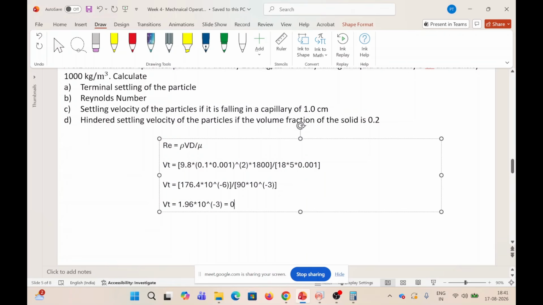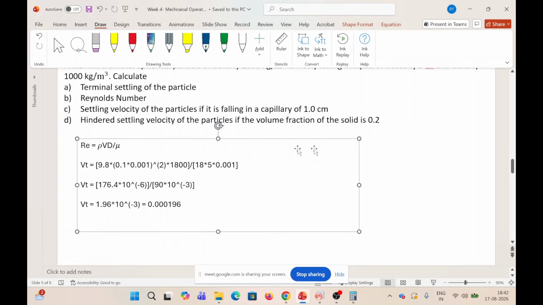So that's going to be 0.0001996. Sorry, this is the terminal velocity. Now, keeping this value, we need to calculate the Reynolds number and check whether the Reynolds number value is going to be less than 0.1 or not, because we have assumed Stokes law to be valid to calculate the terminal settling velocity of the particle.